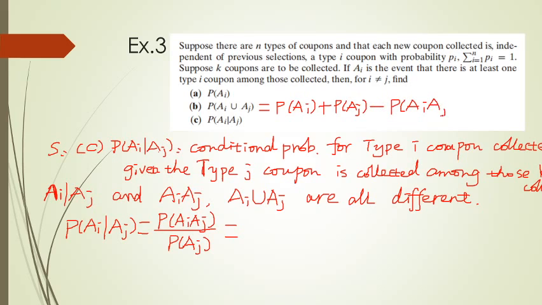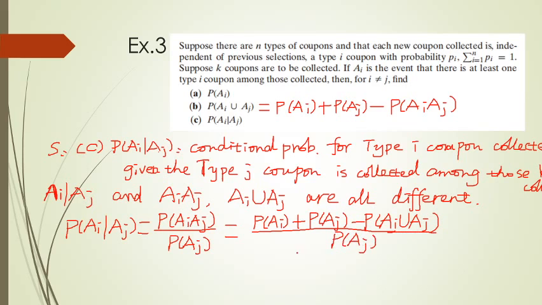So from here, we can rewrite the intersection probability, which is the probability of AI plus the probability of AJ minus the probability of the union. That gives the intersection over the probability of AJ, right?